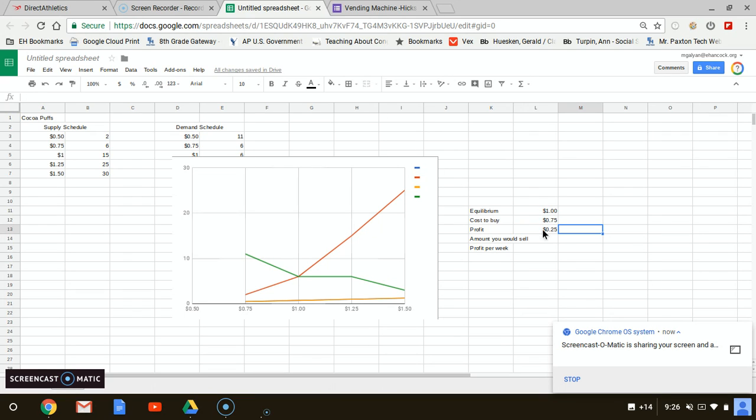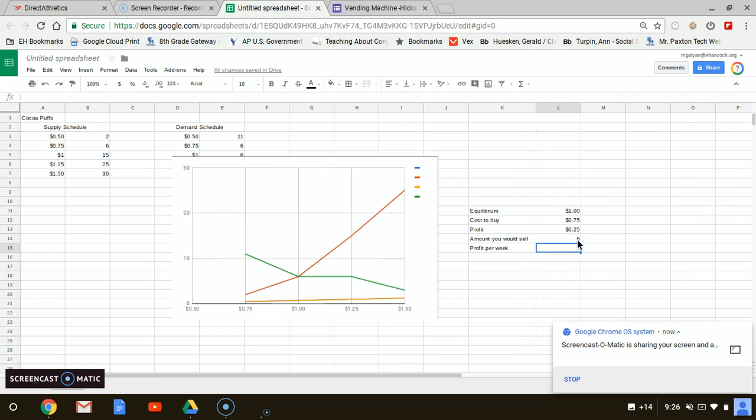Hopefully it does. The amount you would sell is if you take this spot right here and go straight over. And what we see is it's a little bit above halfway between 0 and 10. So it looks like it's about 6. So you would sell about 6 at the price point of $1. Okay.